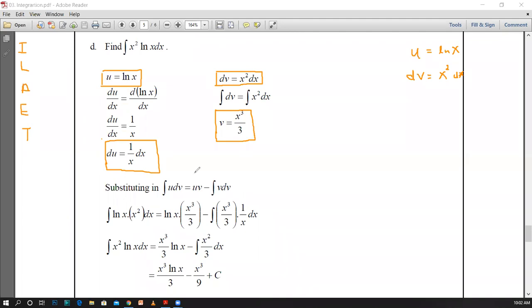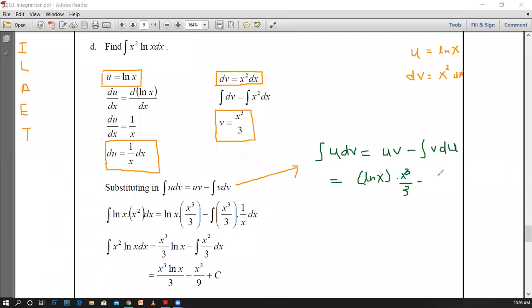Once you apply the integration by parts technique, the proper substitution gives, if you write it here, the integral of u dv equals uv minus the integral of v du. Here u is ln x and v is x cubed divided by 3.